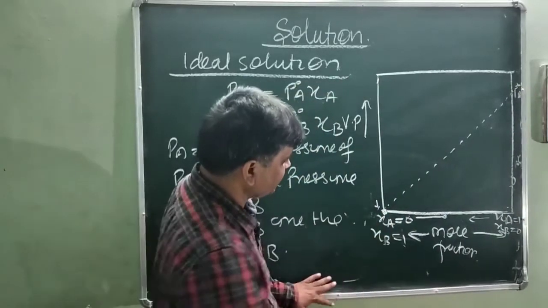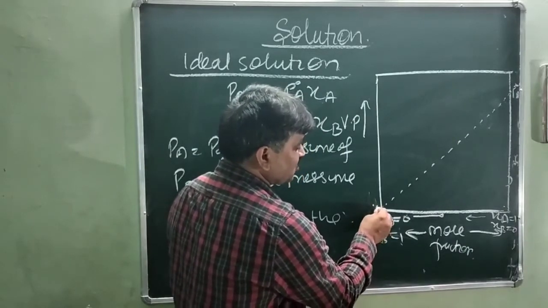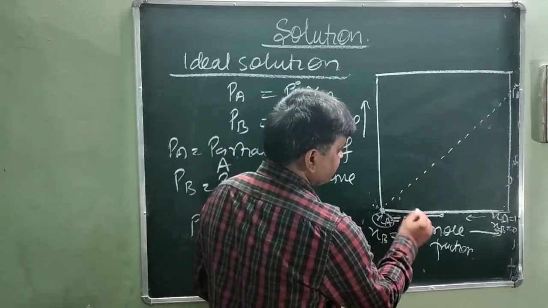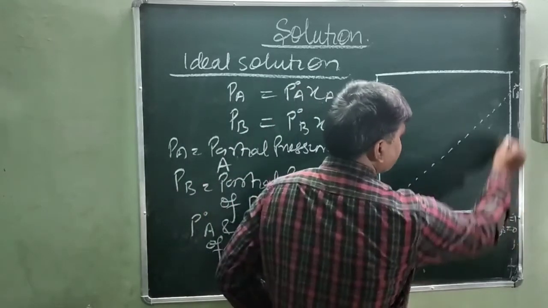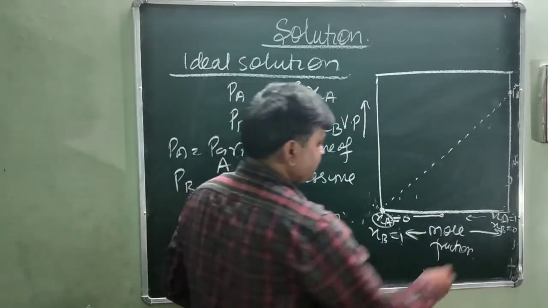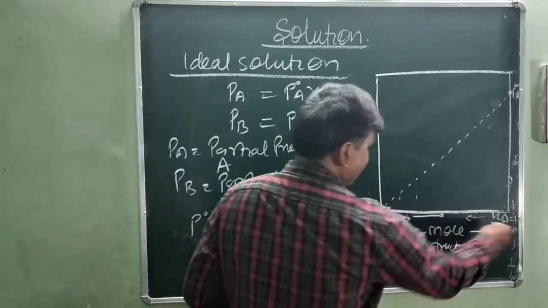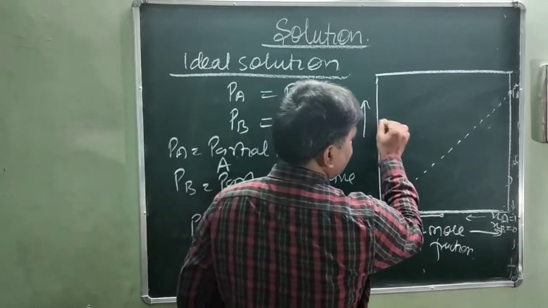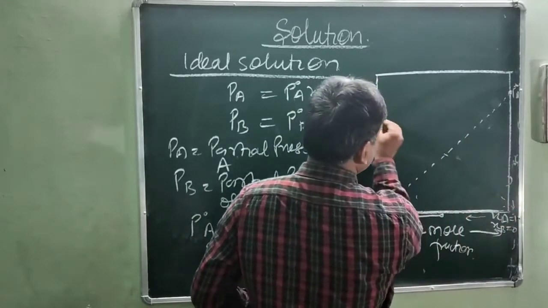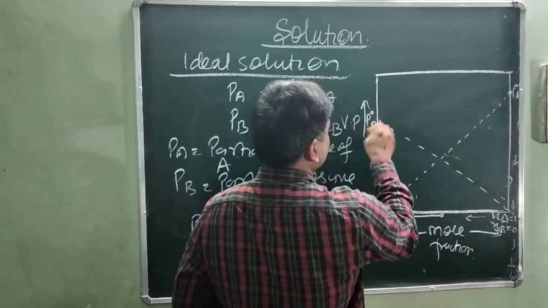Very easy: XA concentration is 0, so there is very little, or you can say no, vapor pressure. But as the concentration of A increases, its vapor pressure increases, and it meets at this point, P naught A. Similarly, XB is equal to 0 here, meaning its vapor pressure is 0, but as it increases this side, it also meets at this point, this is P naught B.